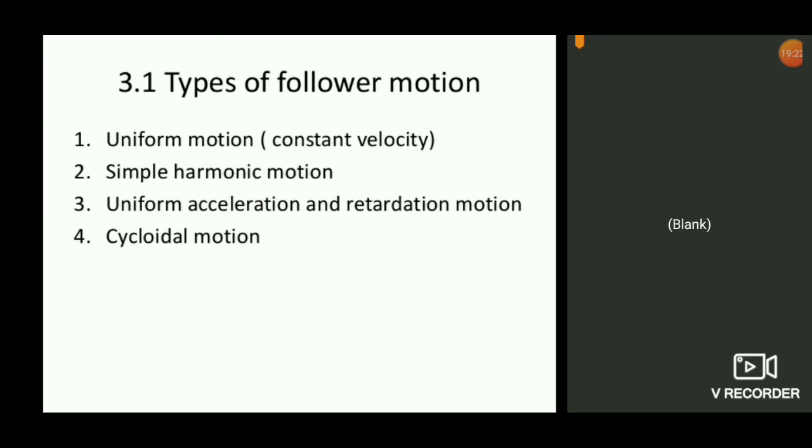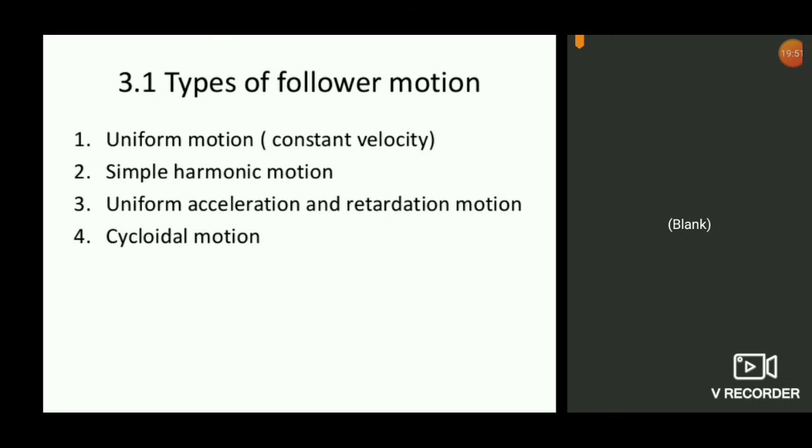We'll move into the next concept, that is the type of follower motion. I hope whatever I explained till now is clear: the different types of cams, the different types of followers, and how followers are classified based on the type of motion and whether they are situated along the center of the axis.